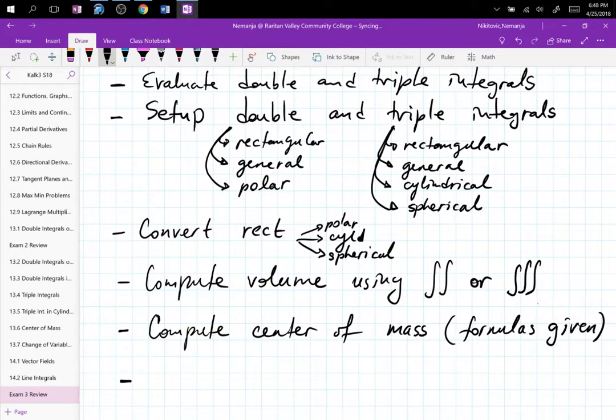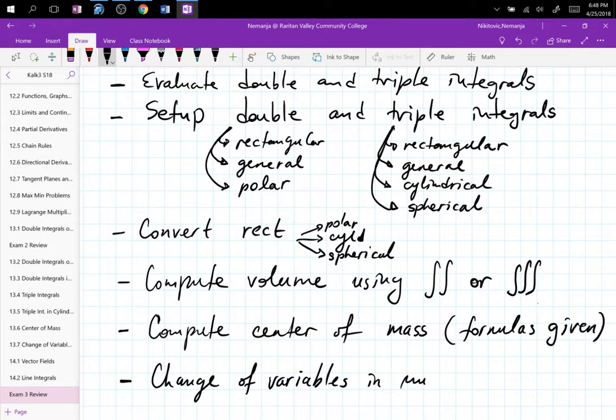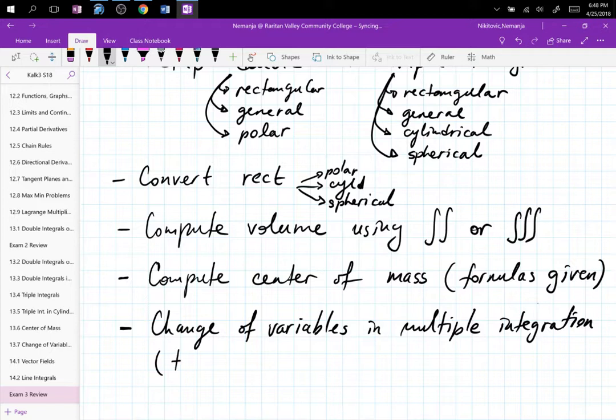These transformations are called a change of variables in multiple integration, which assumes transforming the region, the Jacobian, and computation.